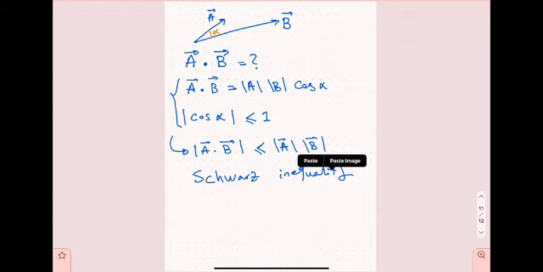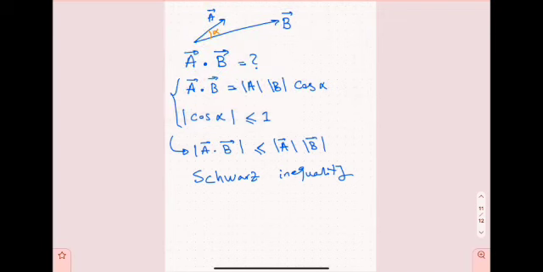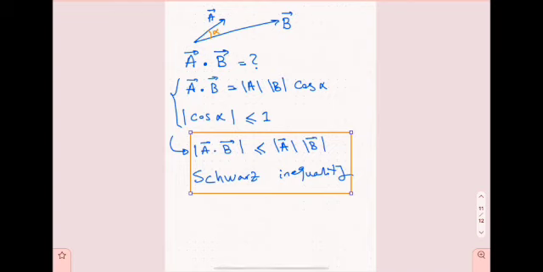For now, just keep in mind that the Schwarz inequality states that if you have two vectors and you take the dot product, the absolute value of the dot product of two vectors is always less than or equal to the multiplication of the magnitudes of each of those vectors.